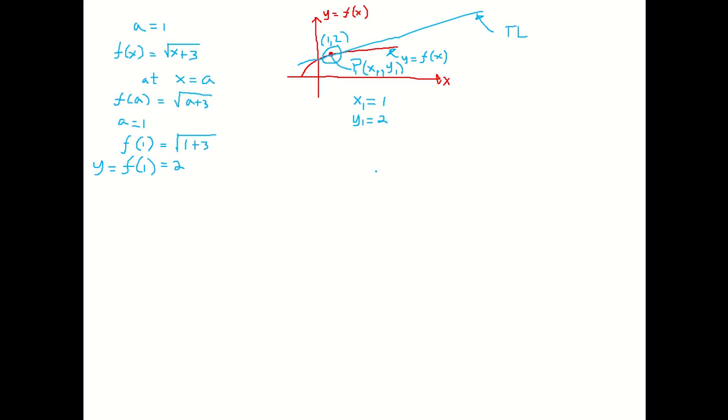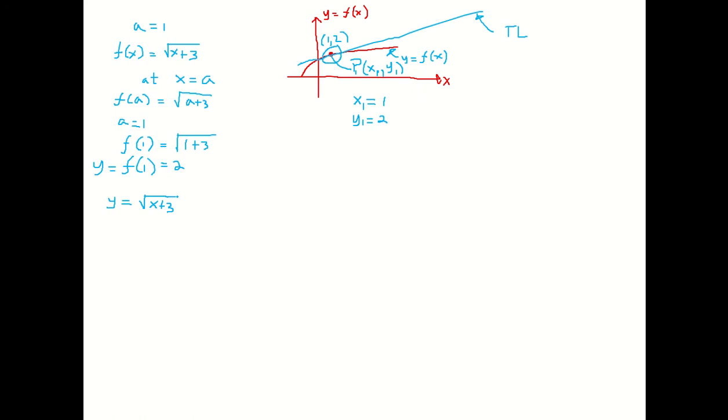Okay, so in our calculus, when we speak of slope, that is just the derivative of a given function. So we're given y equal to f of x, where f of x is equal to square root of x plus 3, right?